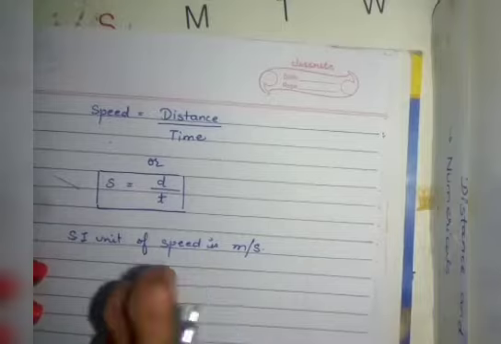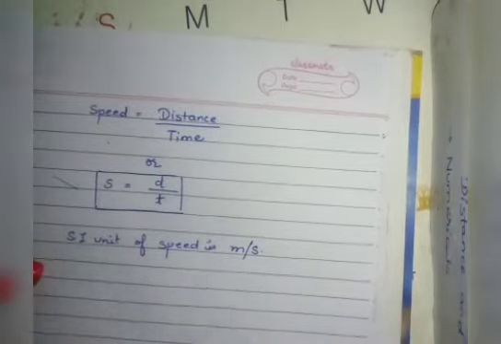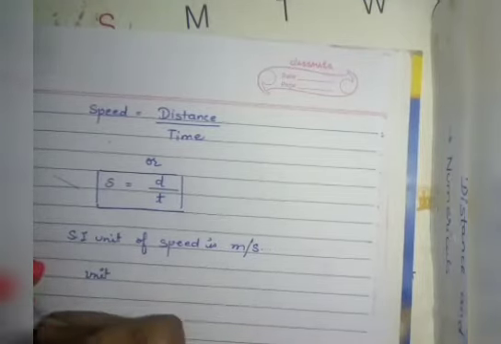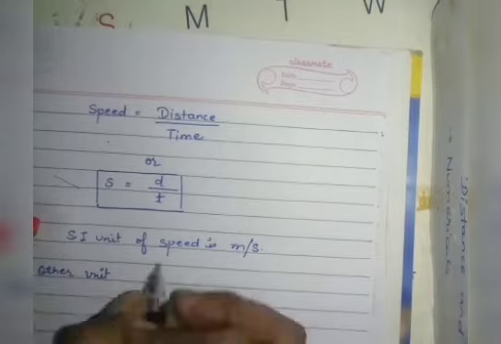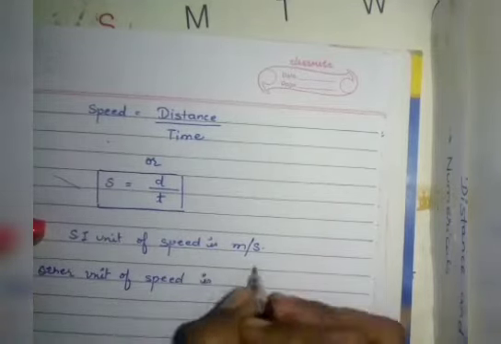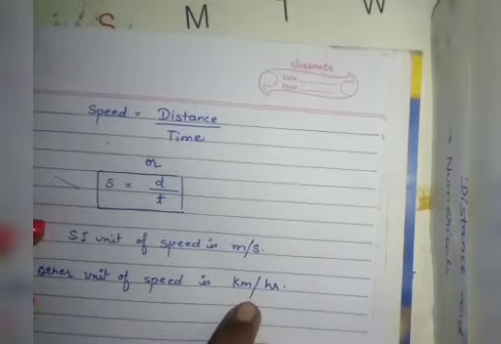However, if distance is measured in kilometer and time in hours, then the other unit of speed is kilometer per hour. But this is not the SI unit of speed.